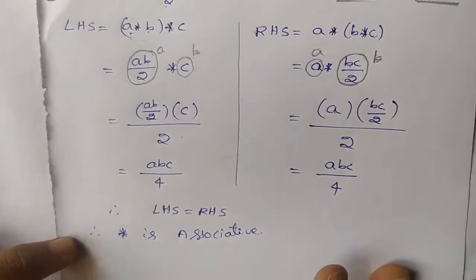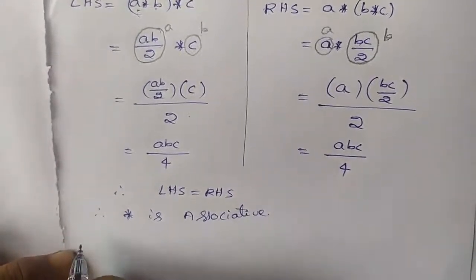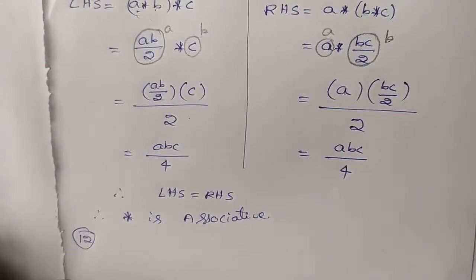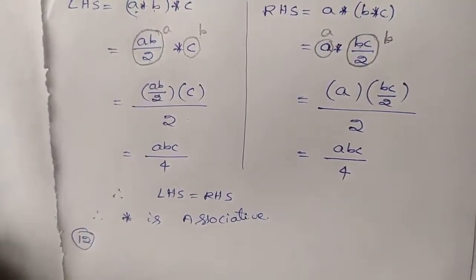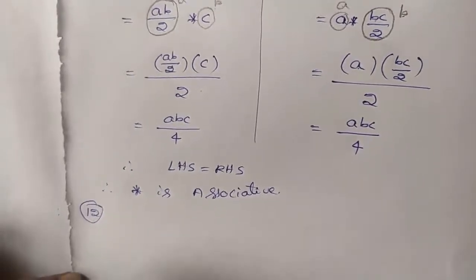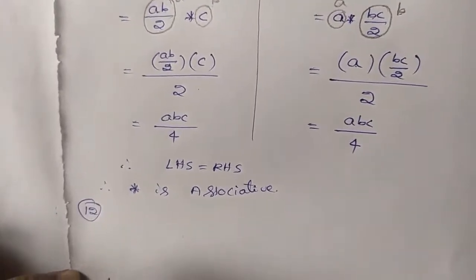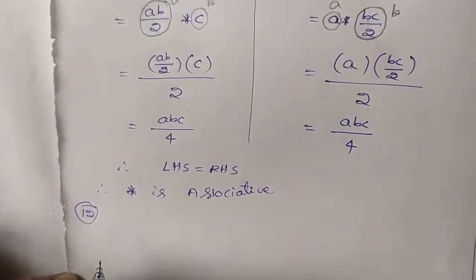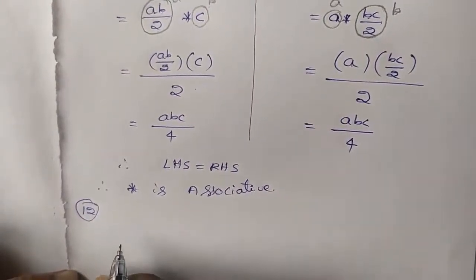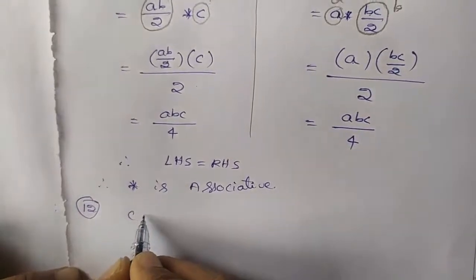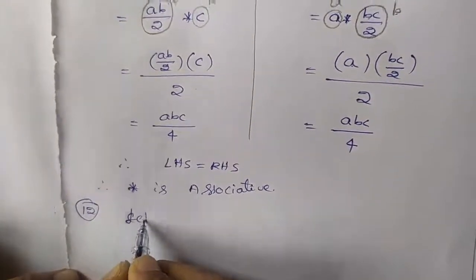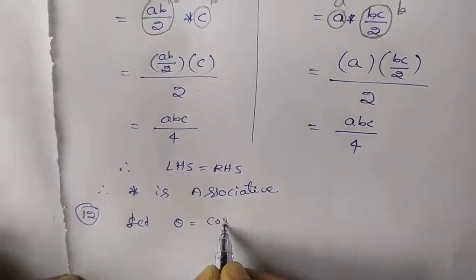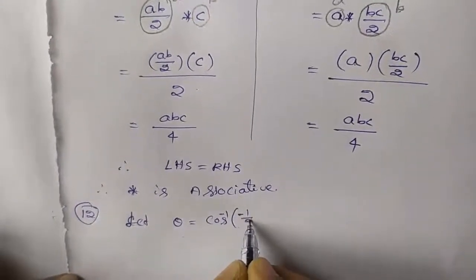That's it. Next, we will move on to the 12th question. Find the principal value of cos inverse of minus 1 by 2. So here we will consider theta equals cos inverse of minus 1 by 2.